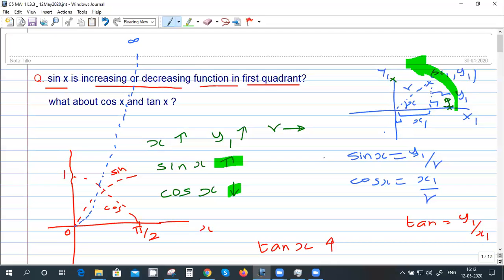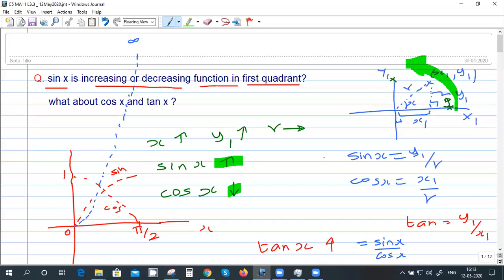Tan is also equal to sine by cos. Because sin x is opposite by hypotenuse, and cos is adjacent by hypotenuse. So when we divide both of them, we get opposite by adjacent, and that is tan.